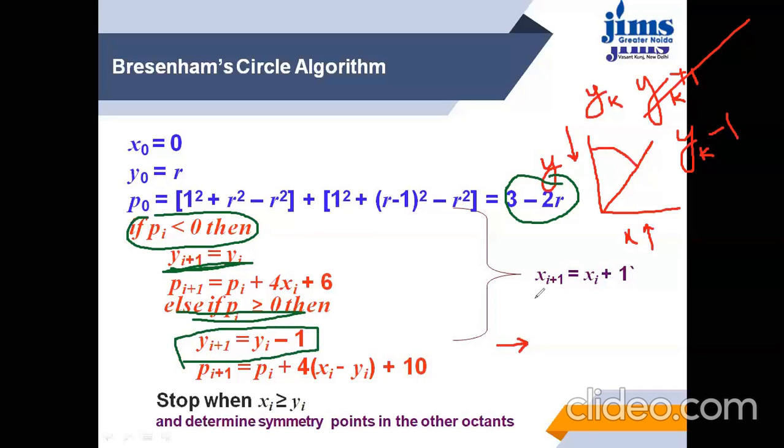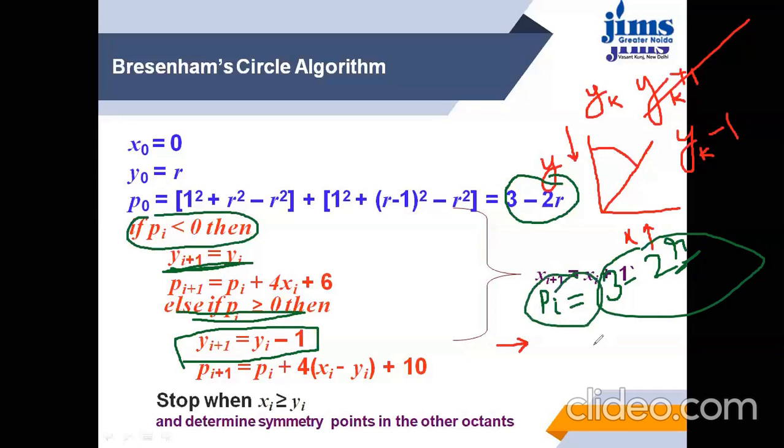Let's summarize this. First of all we have to find out the value of pi, and the value of pi is 3 minus 2r. So put the value of r over here and try to find out whether this value is positive or negative.